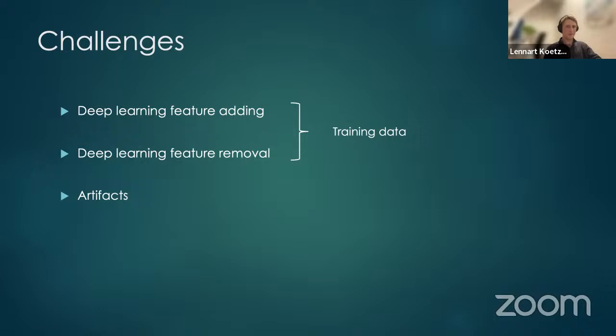Some studies did not find any differences between deep learning reconstruction and other reconstruction algorithms, and some found a slight decrease, but it was not really that great. And also here, I think that if we improve our training data by adding artifact corrupted data to the training data, DLR could potentially reduce artifacts even better.